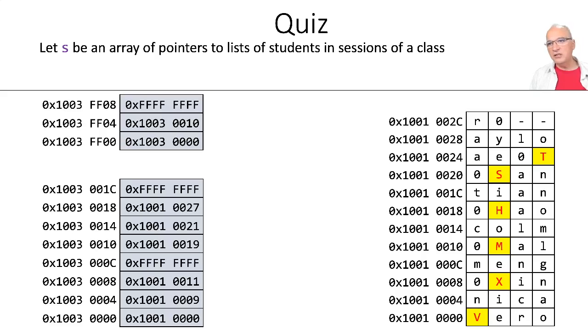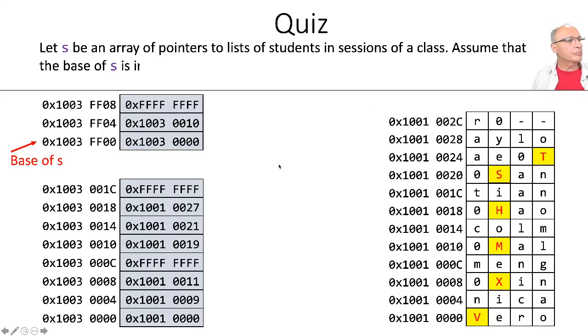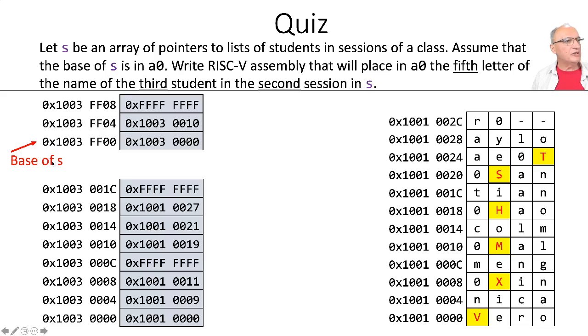So the idea here is that this will be a quiz, and in this quiz I have the following. Let's say that S is an array of pointers to lists of students in sessions of a class, just like we presented in the first three parts of this lecture. Let's assume that the base of S is in A0.